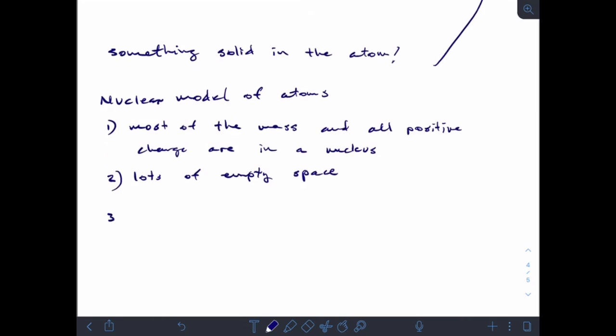The next idea that goes along with this is that the amount of positive charge is different for different elements.